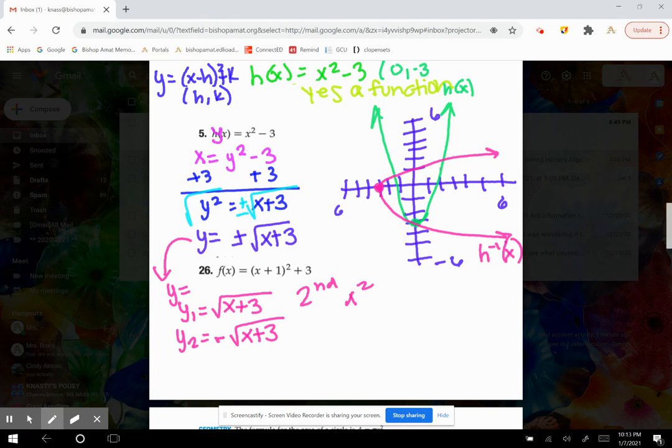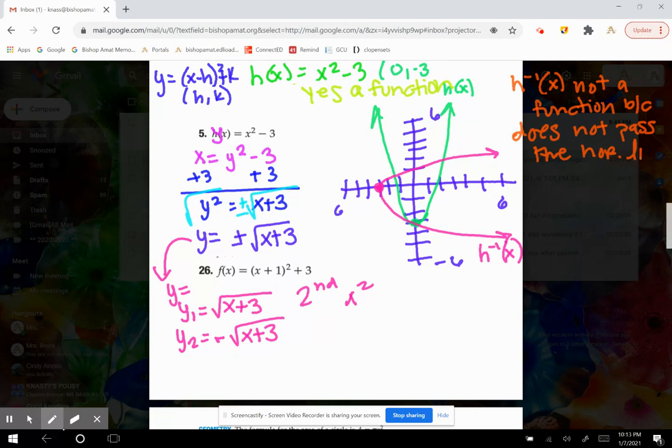And your answer would be no. So h, the inverse of h, is not a function because it does not pass the horizontal line test.